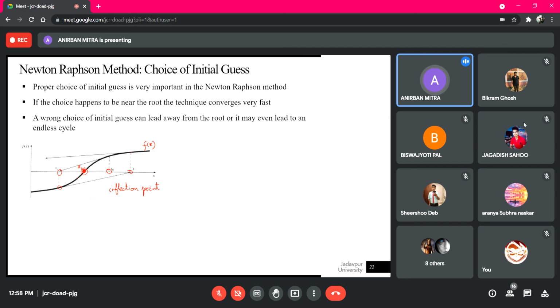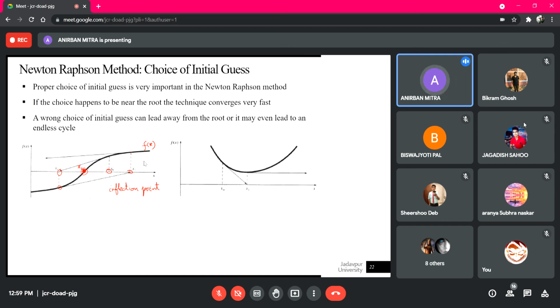This one is an inflection point. Here you can see that the curve changes its curvature. Previously it was, let's say, concave, and becomes convex after that. So if there is an inflection point, the Newton-Raphson method fails. The nature of the tangents is such that, instead of giving improving approximations, it gives worse and worse approximations.